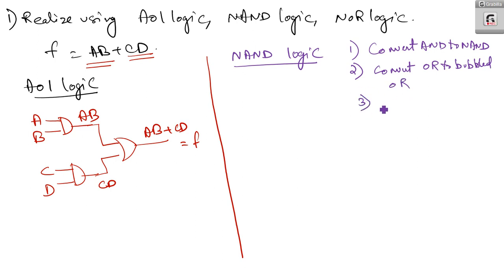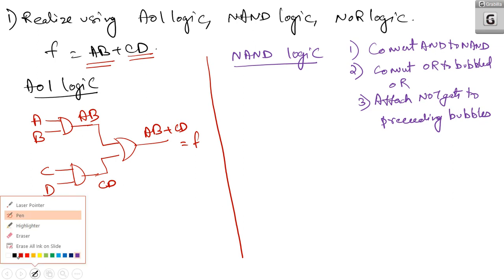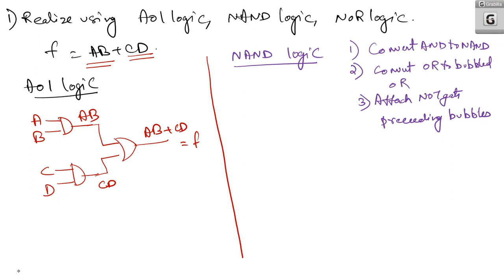Third one, attach NOT gate to preceding bubbles, if necessary. Okay. So these three are the steps which need to be followed.